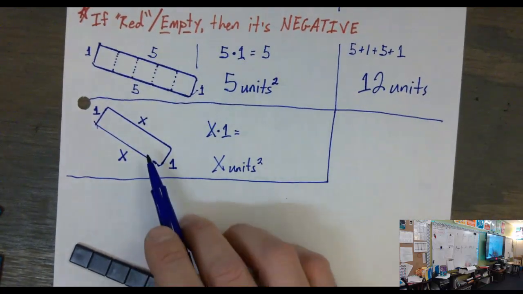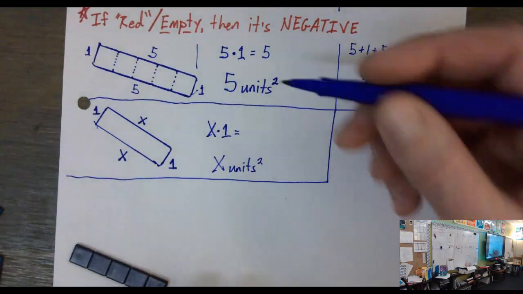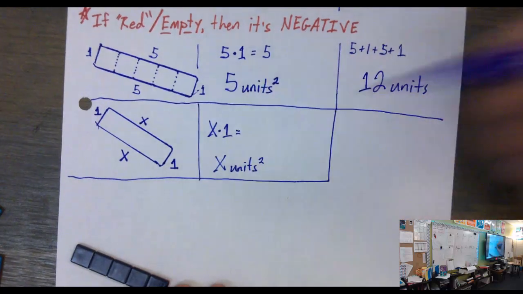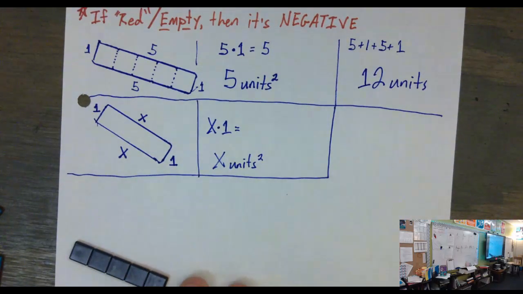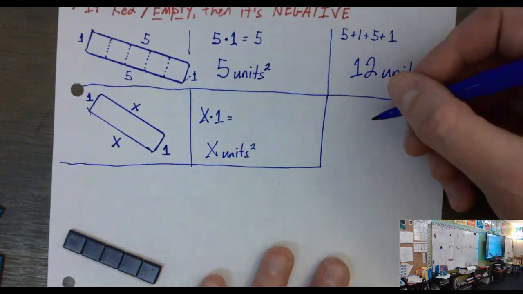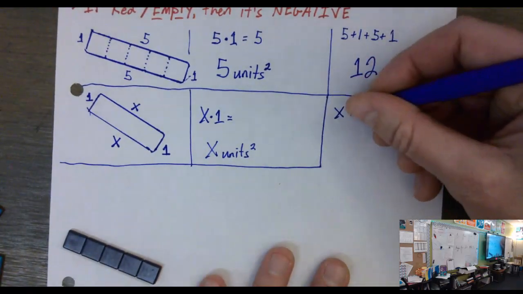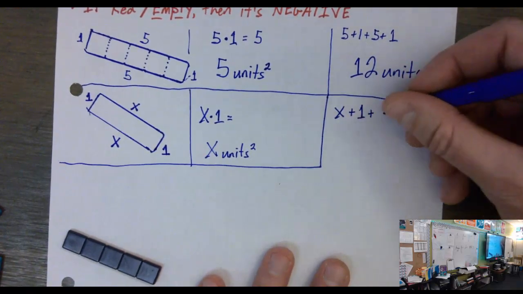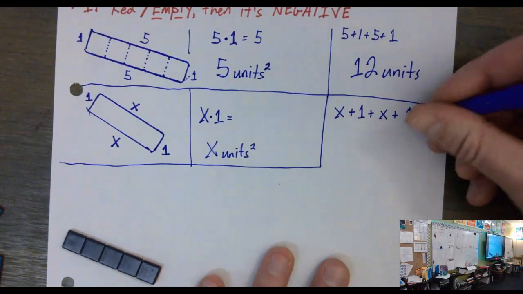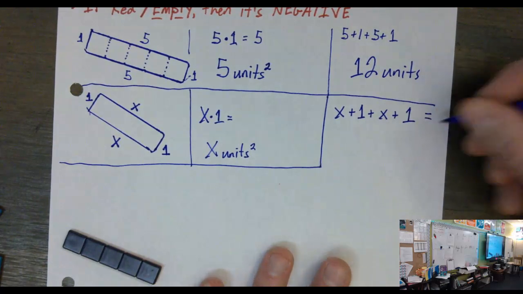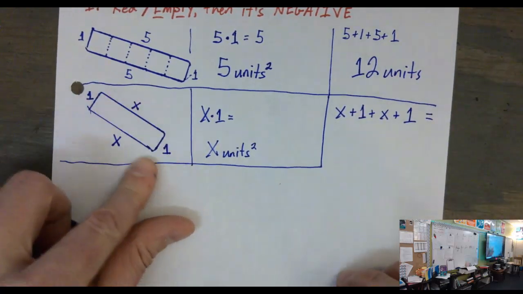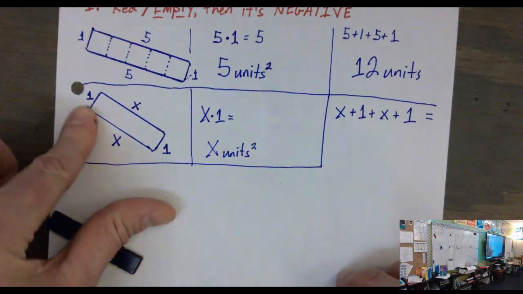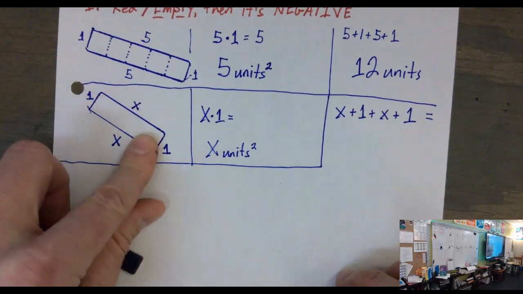Van, are you able to help me out with the perimeter of our X tile? Would it be 2 plus x plus x? Ooh, yes. But I'm going to write that out a little bit longer and then a little bit shorter. If we take a walk, we got an x plus a 1 plus an x plus a 1, and we made it all the way around the lap.